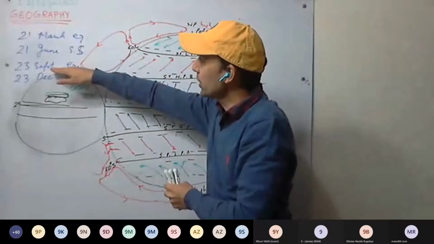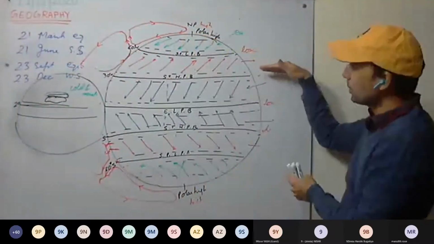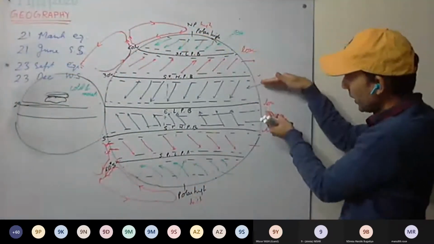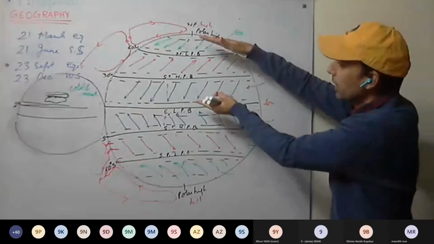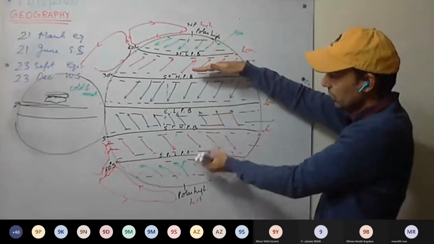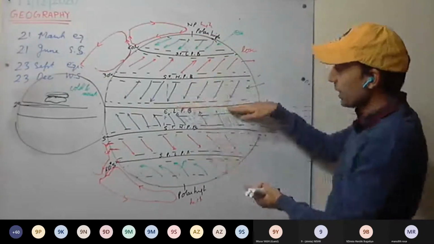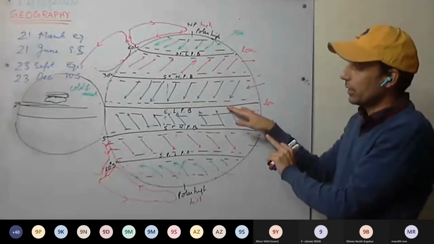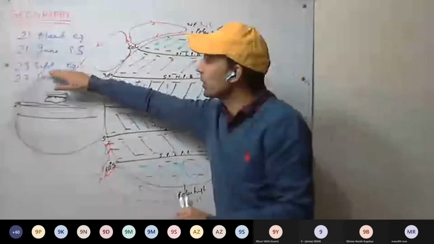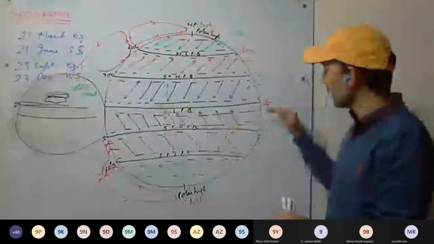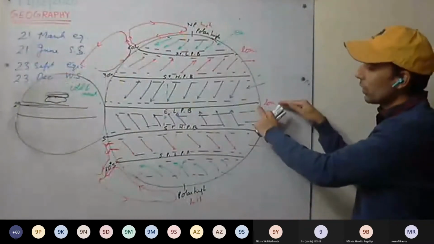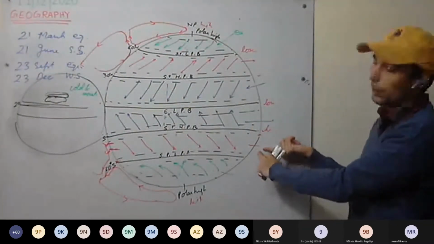Now, on 23rd September, the sun moves from 21st June again towards the equator. Again the pressure belts shift towards the south, and they come again to the same position. Now, after 23rd September, towards 23rd December, the sun moves from the equator to the Tropic of Capricorn.